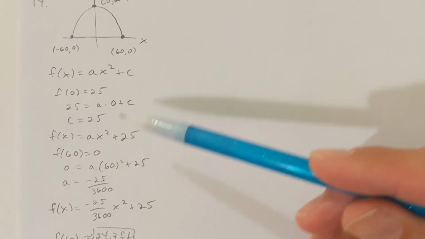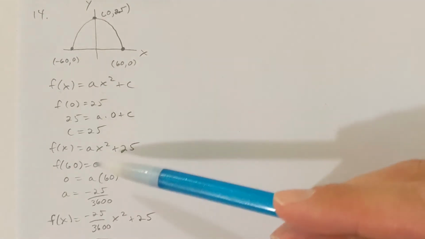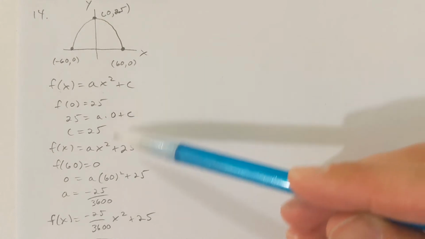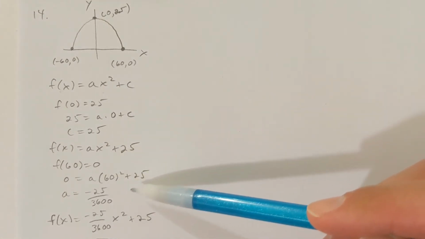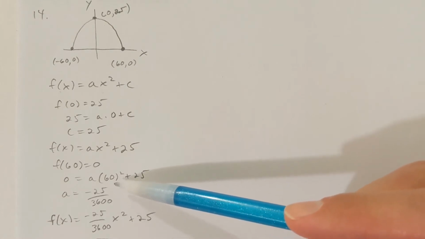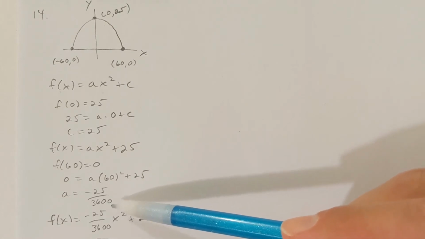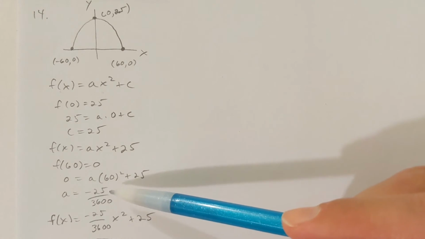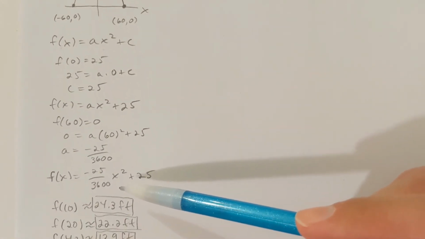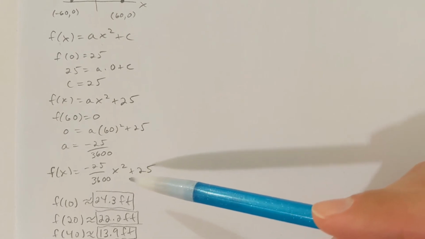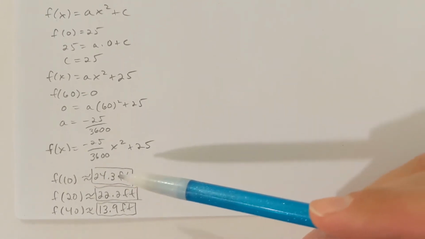F of 60 equals 0. Means that 0 is equal to a times 60 squared plus 25. Okay, so 60 squared is 3,600. Negative 25 divided by 3,600 is the a value. Okay, and here's the function that we're going to want.